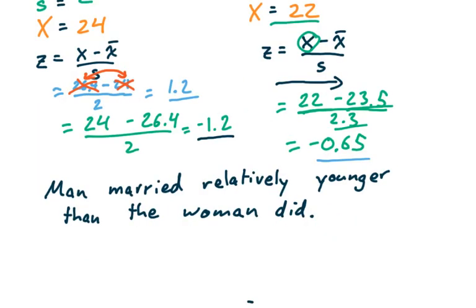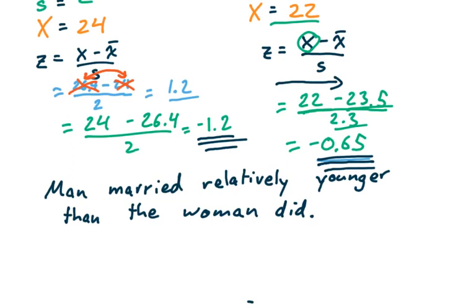And so in summary, since the man's z-score was negative 1.2 and the woman's z-score was negative 0.65, notice his z-score is roughly twice what hers is. So they both married young, relatively speaking, compared to the average, right?